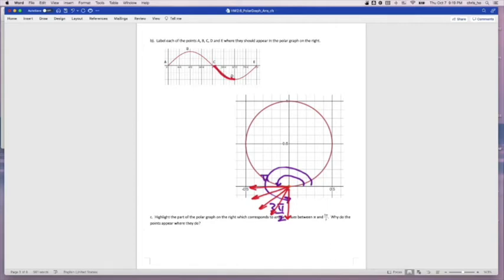So therefore, going back to my orange, my vectors are all going to be pointing in this direction, directly opposite to it. So if I were to highlight the part of the circle that corresponds to the angle between pi and 3 pi over 2, it would be this part. Then I'm going to be using my wiggly marker.